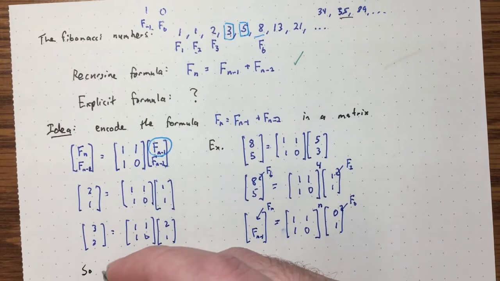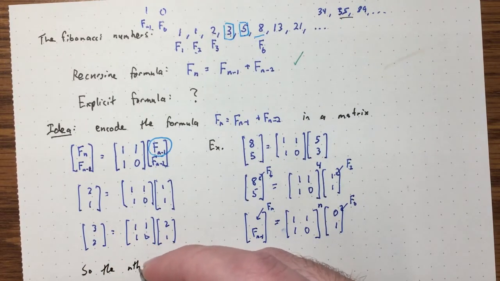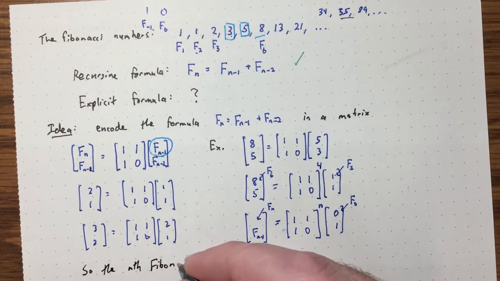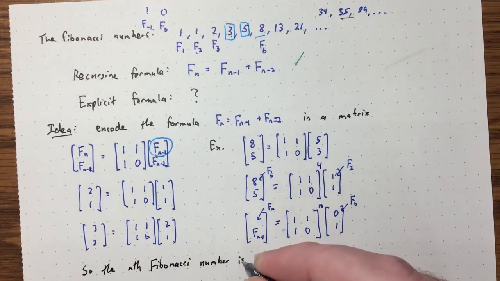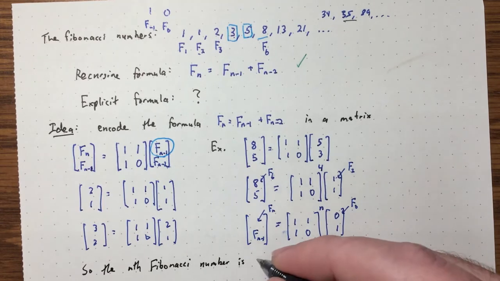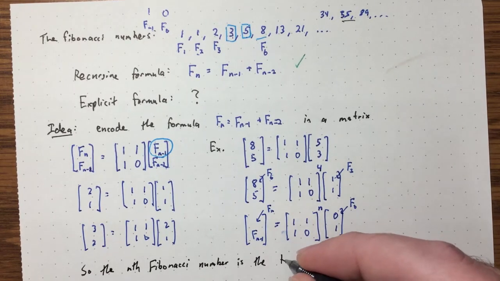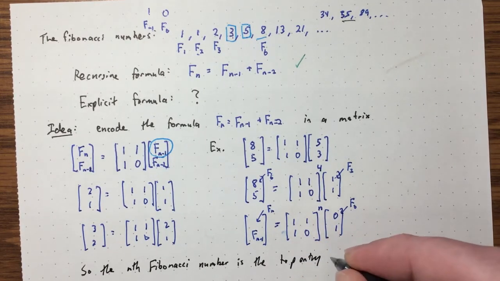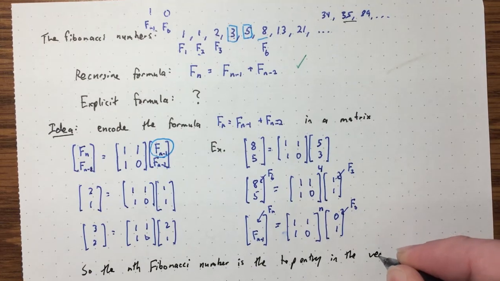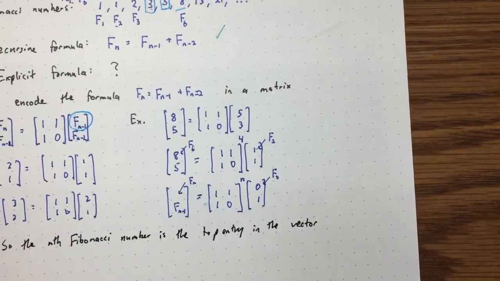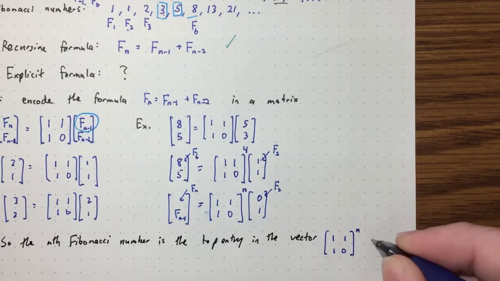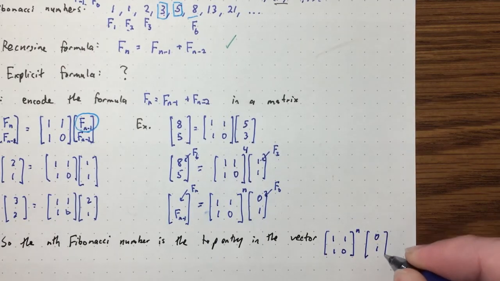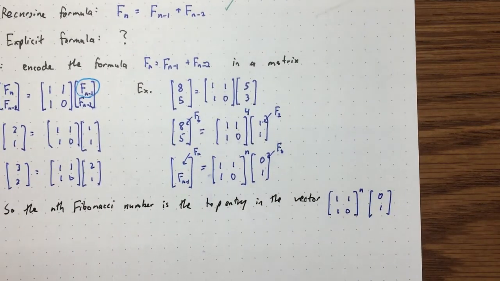So the nth Fibonacci number is the top entry in the vector: the matrix 1, 1, 1, 0 times the vector 0, 1. Oh, but wait a second.